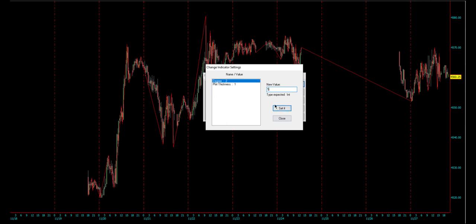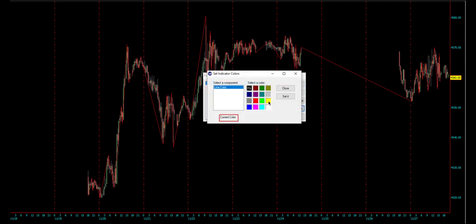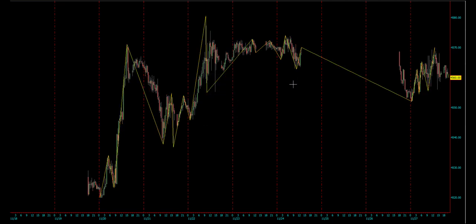We'll make it 5 just to clean up the chart a bit, and at the same time we can also change the color. By changing the color and setting it and closing the dialog, we have a visual representation of the critical Gann swings with the degree of 5.